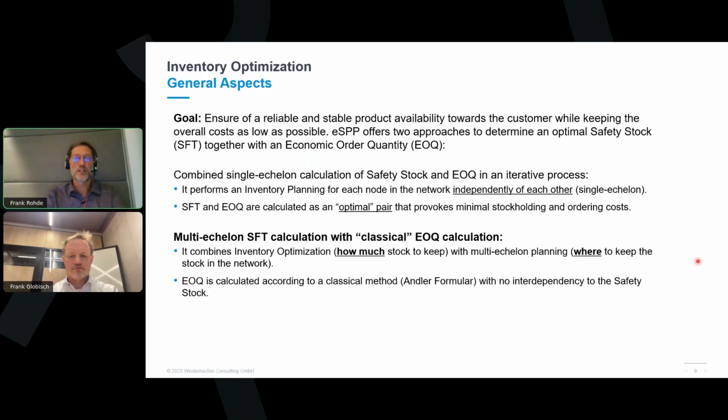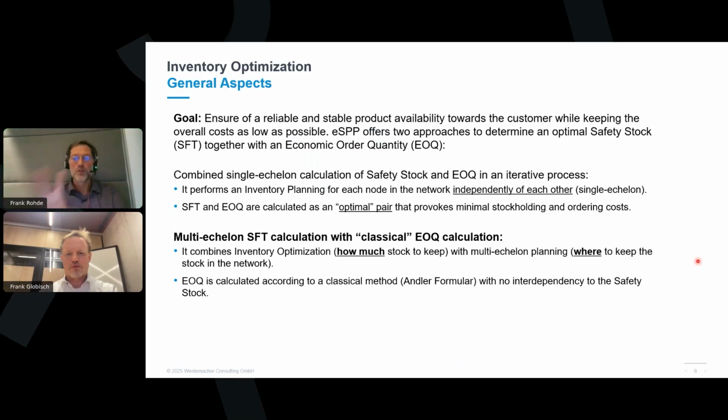Within that approach, the parameters are calculated independently for each node of the network. So for each single location, these values are calculated as a mathematical optimization exercise, comparing the procurement costs and the stock holding costs and trying to find the minimum pair of safety stock and economic order quantity that is the result of this optimization.